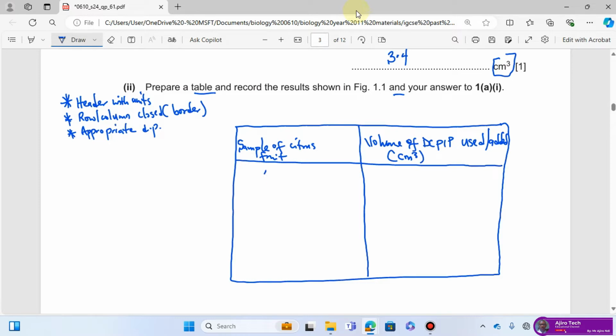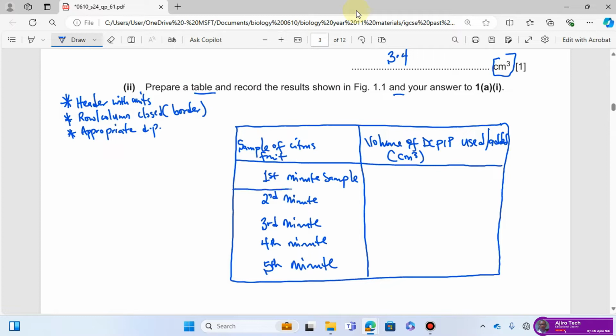So you have first minute sample, second minute, third minute, fourth minute, and of course the fifth minute sample. And you close your borders like that.